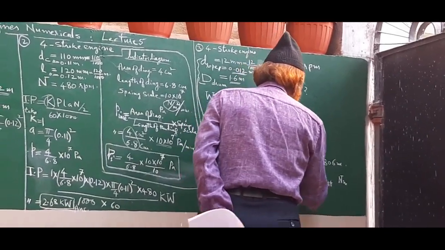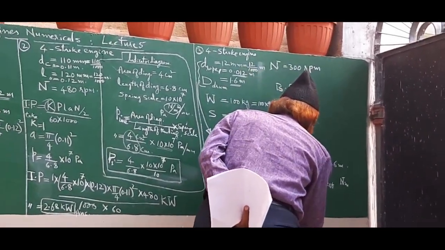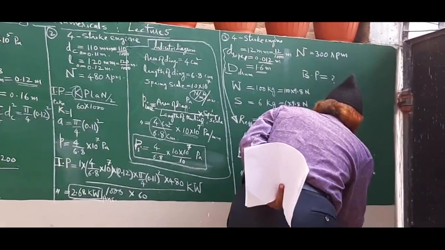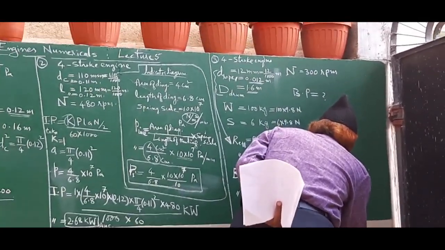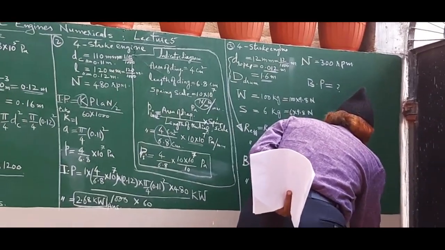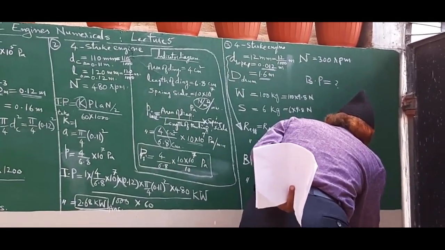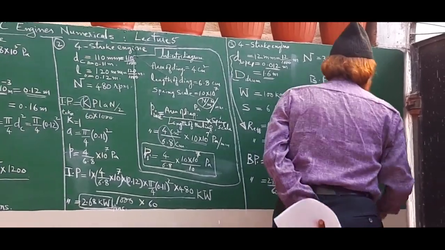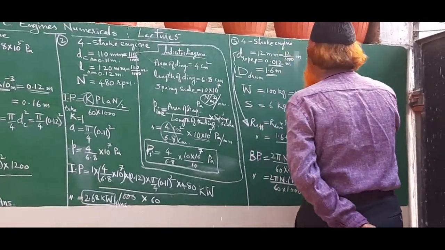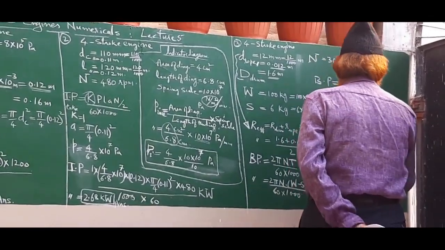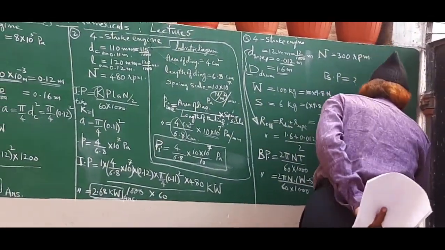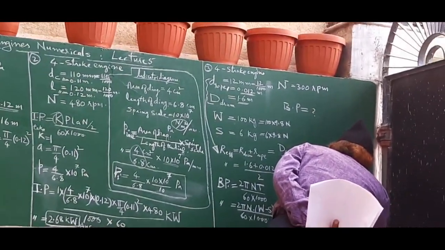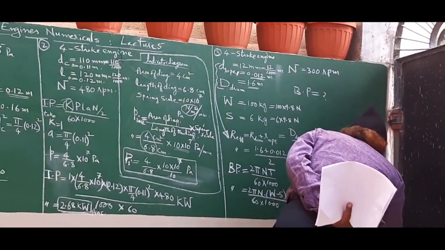Therefore torque is equal to 100 minus 6 multiplied by 9.8, the common acceleration due to gravity, multiplied by the effective radius 0.806, and it will become Newton meter.